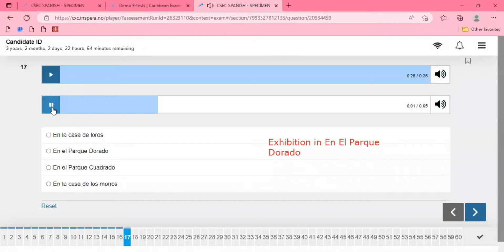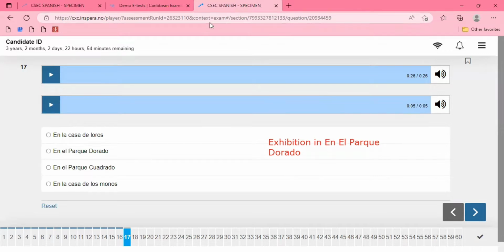Question 17. ¿Dónde tendrá lugar la exhibición? All right. So for this one, we're hearing an announcement, essentially, about an exhibition, una exhibición that is going to take place, que tendrá lugar en el Parque Dorado.